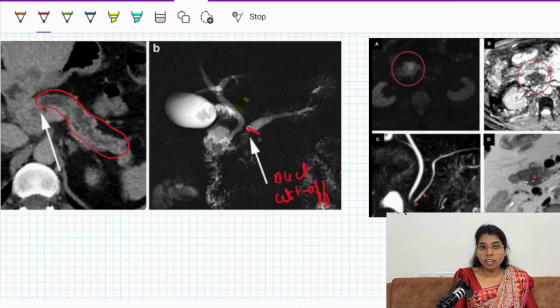In an NET or in a lymphoma, dilated pancreatic duct to this extent is less likely. They are a late features of those solid neoplasms. So if you're seeing a prominent dilated pancreatic duct, your first differential has to be PDAC over other solid neoplasms.